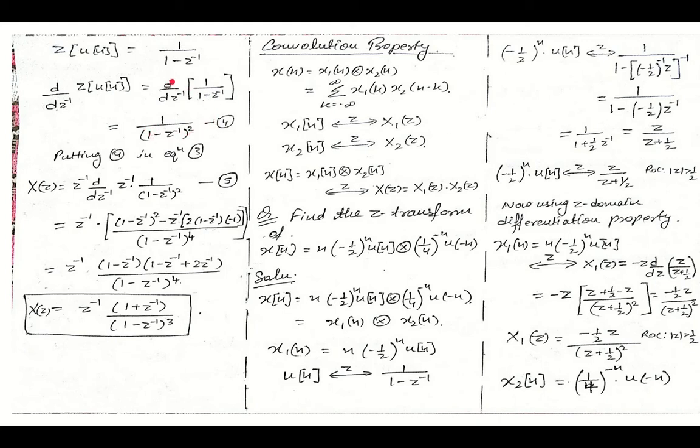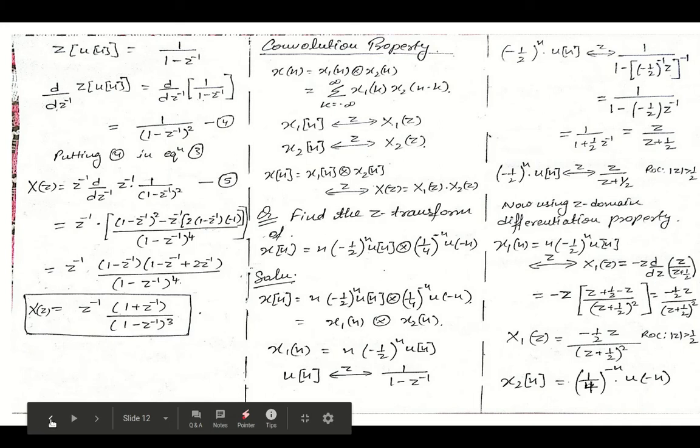Now this d upon dz inverse of 1 upon 1 minus z inverse is basically nothing but the differentiation of u by v formula. So we will be utilizing the differentiation of u by v formula to obtain this result. Now this we have obtained, this is basically our equation 4 we have termed it, and we can put it in our equation number 3.